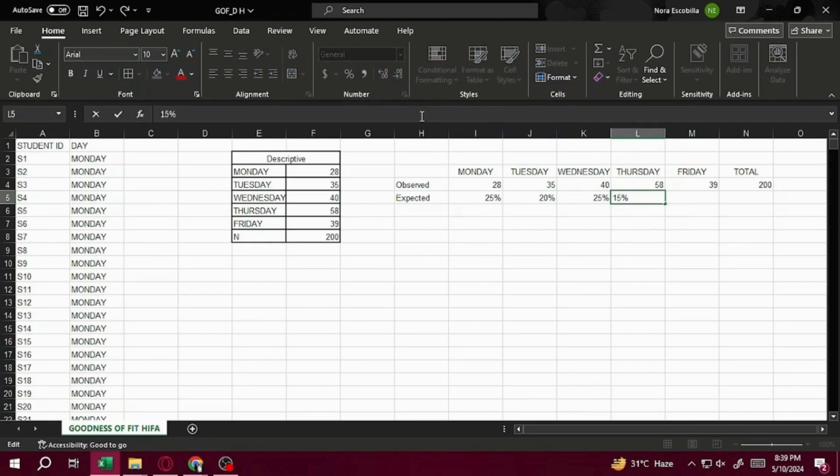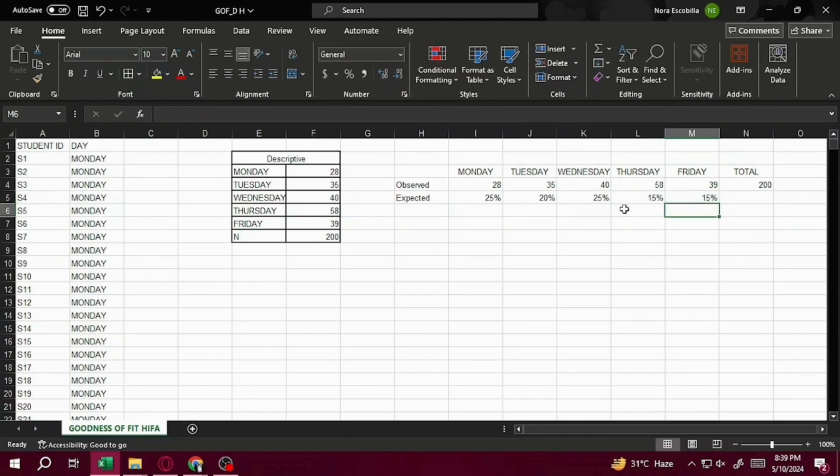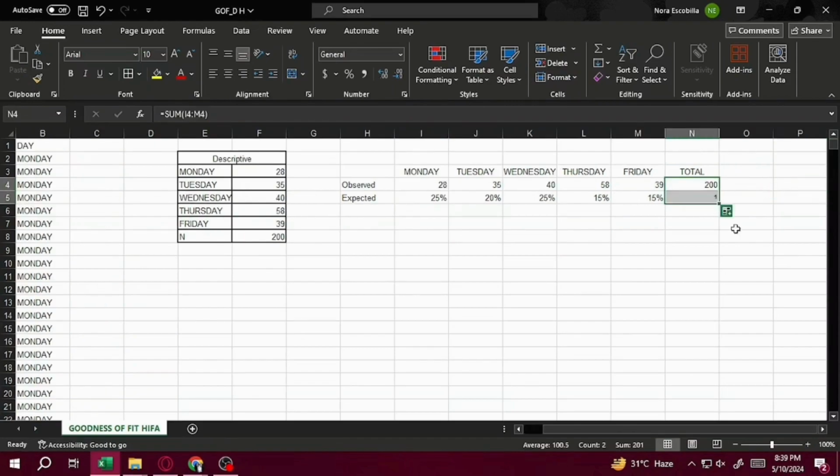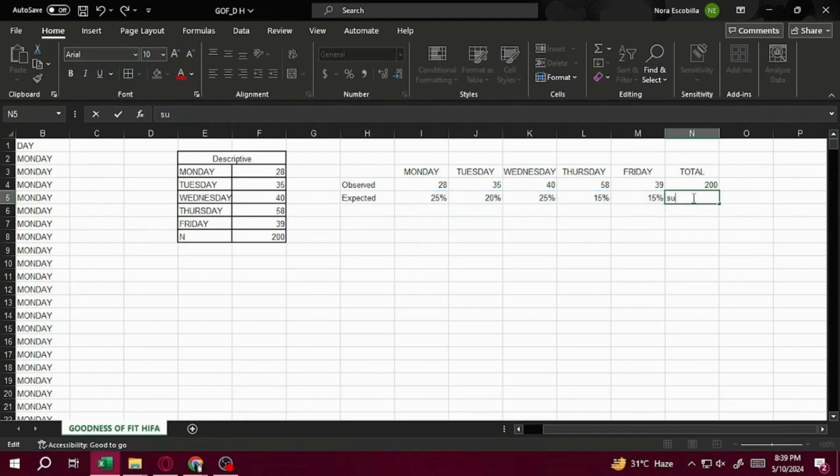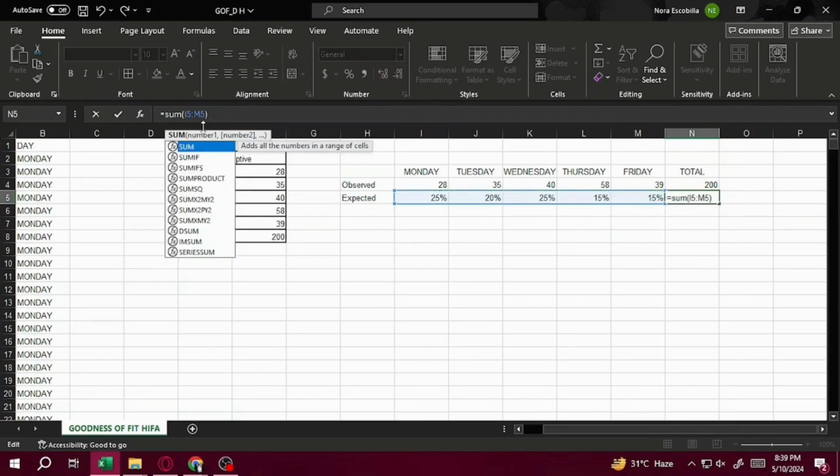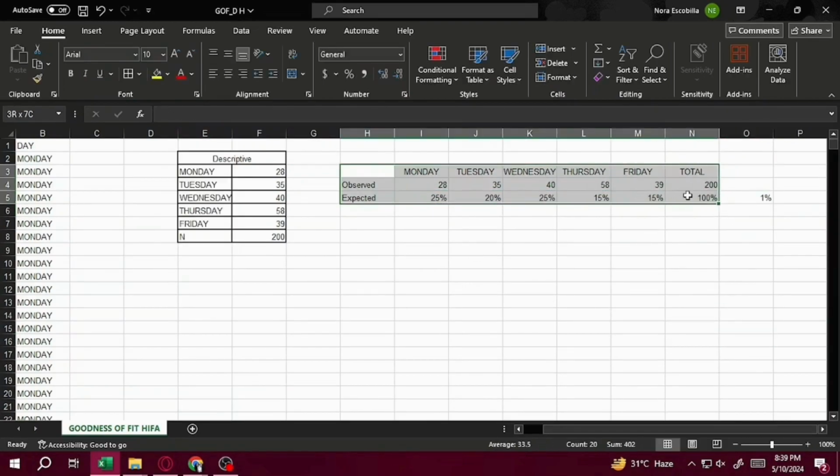For Thursday, we have 15%. And lastly, for Friday, we have 15%. And for the total, let's sum all of this with equal sum. So, we've got 100%. Again, add border to better comprehend the table.